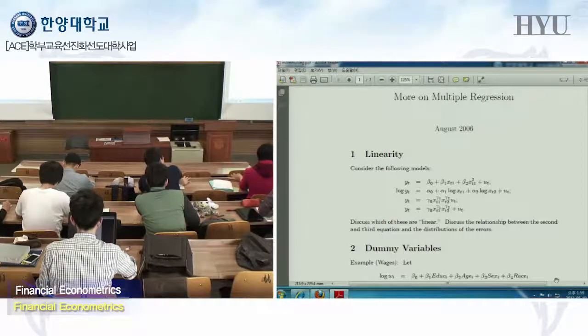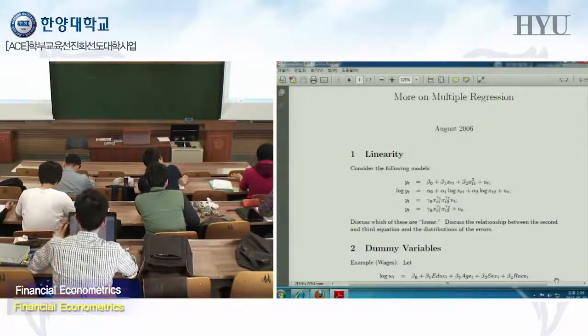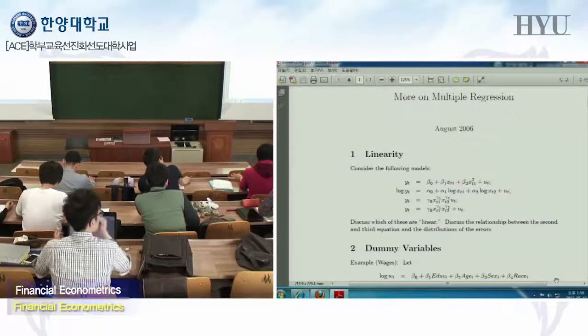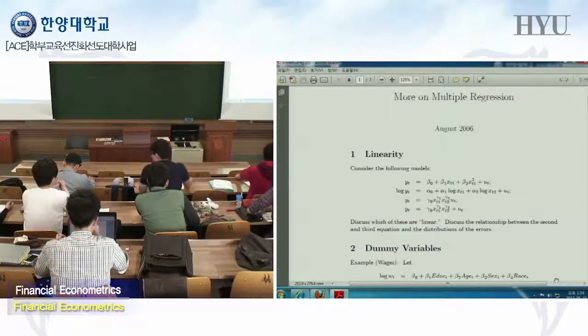Not that difficult, but we cannot use linear regression for the fourth one. So the punchline is that the linear model is not that restrictive an assumption. By a small transformation, we can change a non-linear model into a linear model, and we can use the technique we have learned.